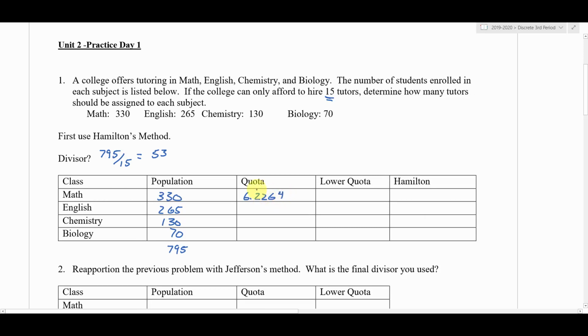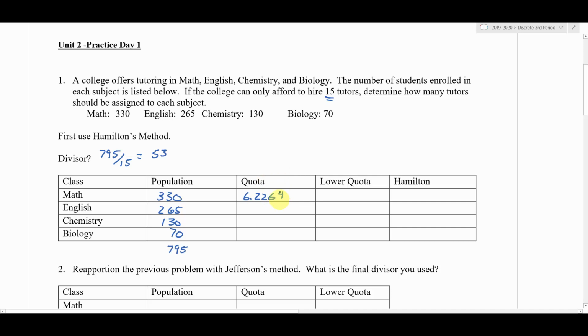So you count over 4, 1, 2, 3, 4. Then you look at the fifth number, whatever that is. If it's lower than 5, you leave it alone. If it's higher than 5, you raise it up. All right, so if it were 3 decimal places, you would go 1, 2, 3, then look at the fourth number and do the same thing. So this is a 4. So this 6 is going to stay where it's at. If this were 5 or higher, this would go up to 7.